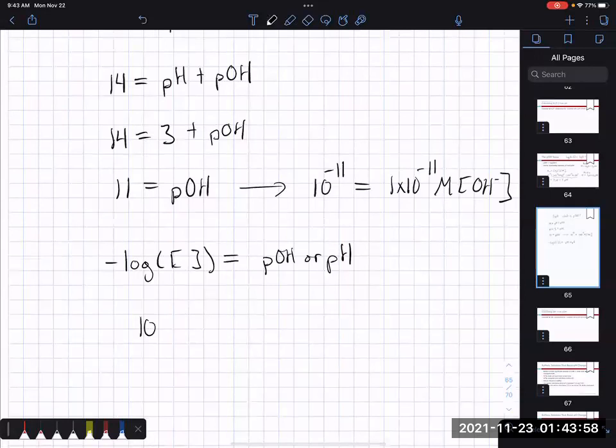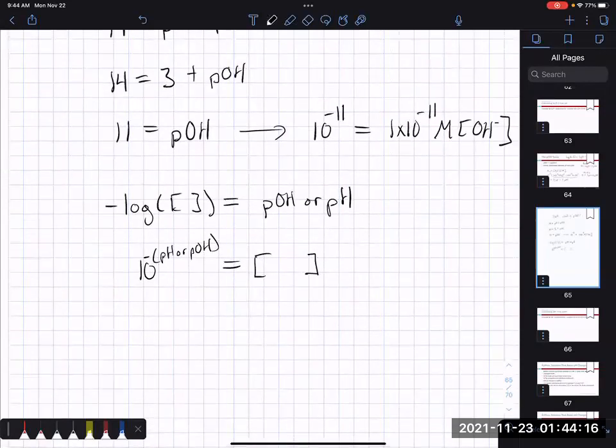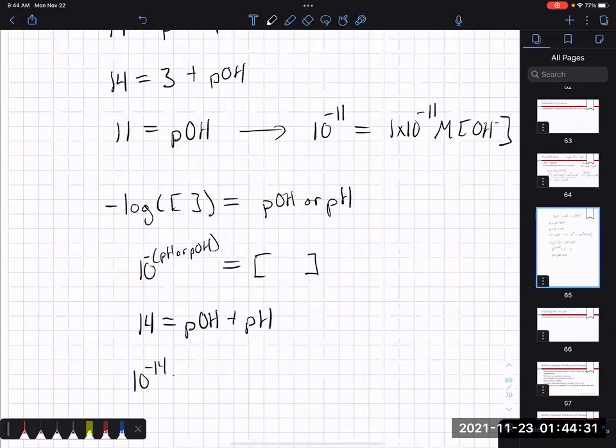And then there's 10 raised to the negative pH or pOH, which will give us back our concentration, whether it's pH or OH, doesn't really matter. And then really the third thing is that 14 is equal to pOH plus pH. And then by extension, you could derive from that 10 to the minus 14 is equal to the concentration of OH minus times the concentration of H plus.